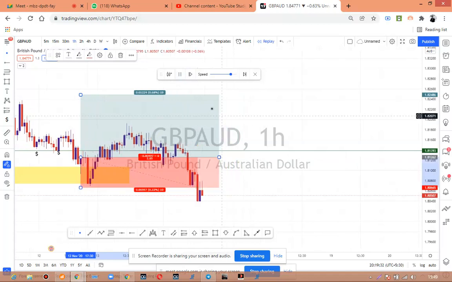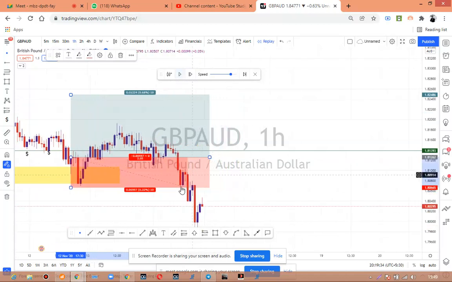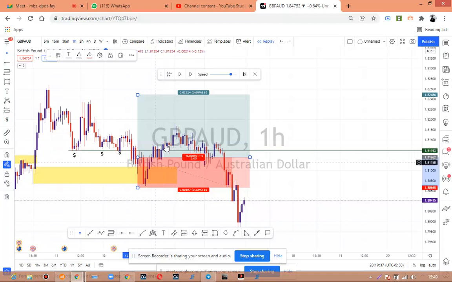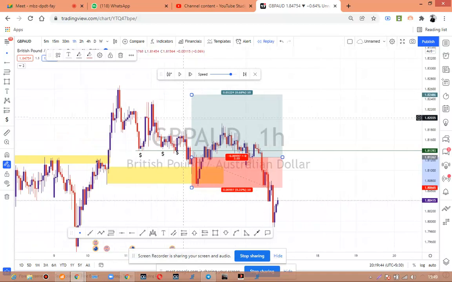And finally, I think the market now hit the stop loss here. See that only a few buyers entered again, and the market hit the stop loss the second time. So we lost this trade.